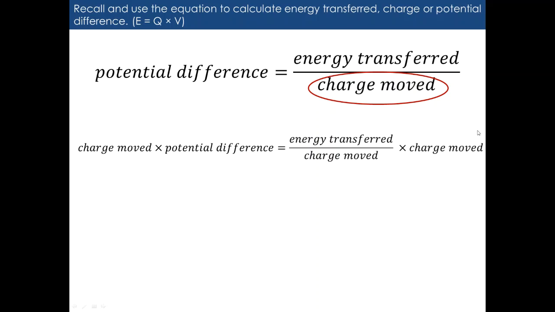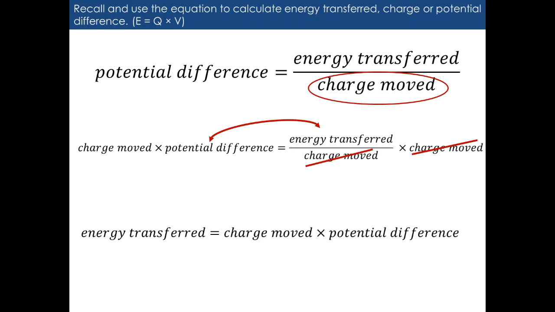So now we get this, and on the right hand side we can cancel out the charge moved. We can swap over the 2 sides to have energy transferred on the left hand side and charge moved times potential difference on the right hand side. That gives us our final formula. Energy transferred is charge moved times potential difference.